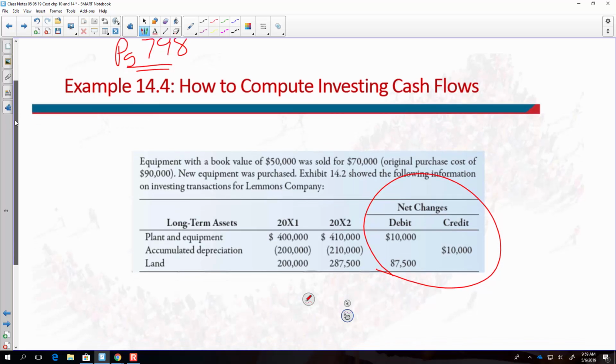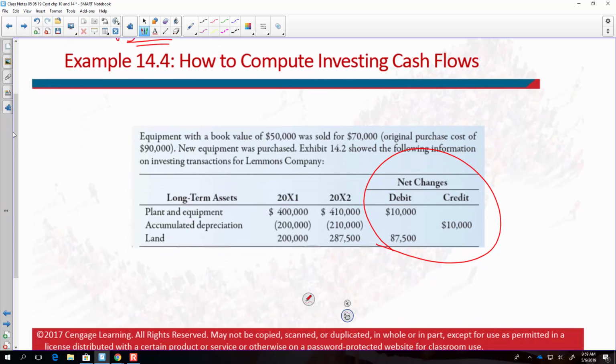If you look at the property, plant, and equipment on page 798, you'll notice that property, plant, and equipment changed by $10,000.